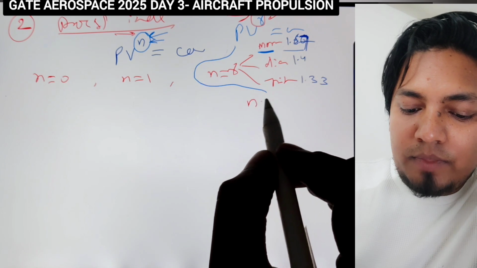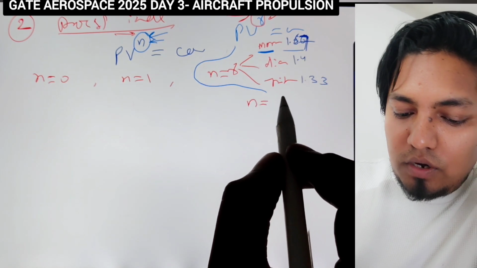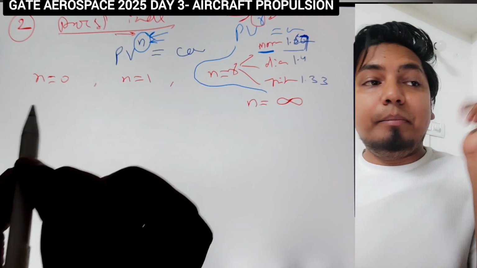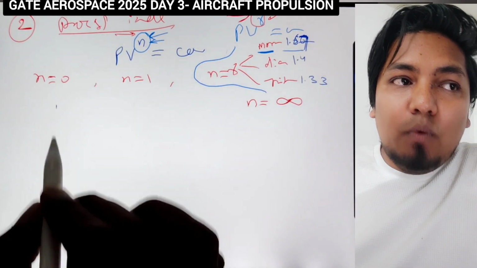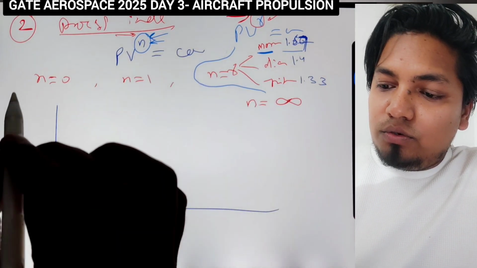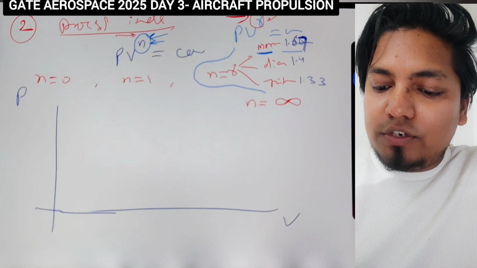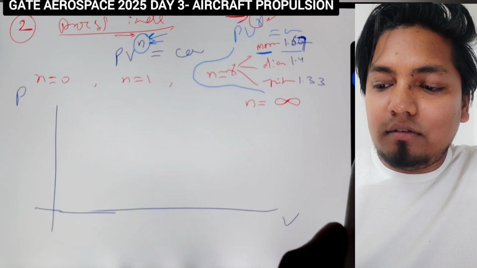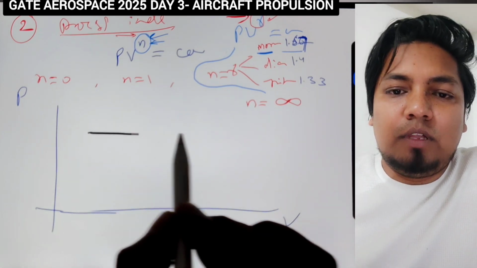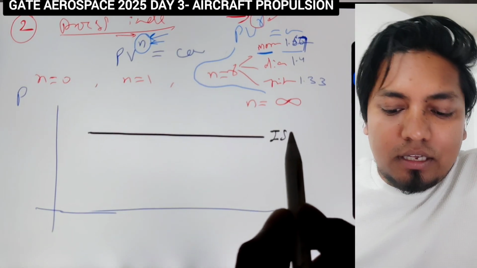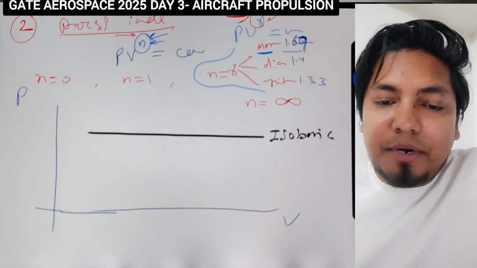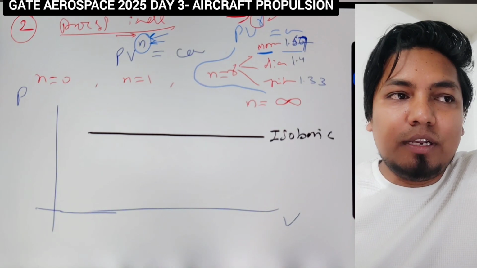These processes, if I draw these lines on a PV diagram, then how will it come? First you can draw a straight line that you will say as isobaric line. Why? Because pressure is constant, and it is isobaric process.